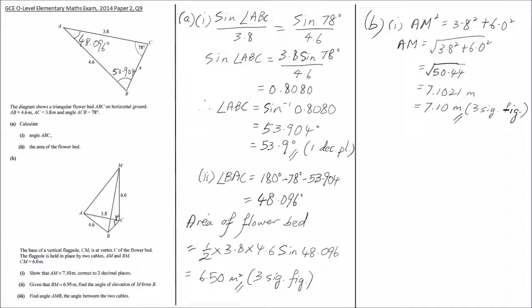Now for part 2, we are asked to find, given that BM is 6.95 meter, the angle of elevation of M from B. I will first draw the right angle triangle BCM. So we have the triangle here, BCM.